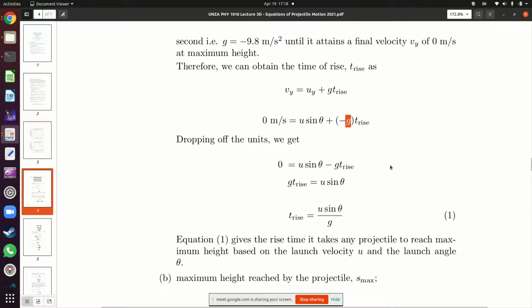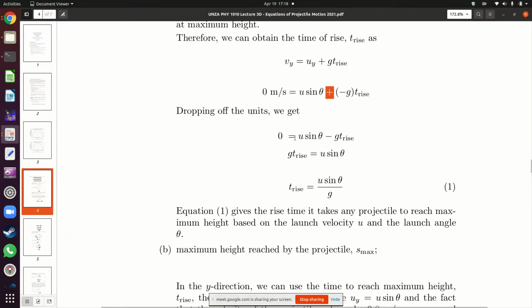When you drop the units, you end up with 0 equals u sin theta minus g t rise. Then you move minus g t rise to the other side, and you end up with g t rise equals u sin theta.